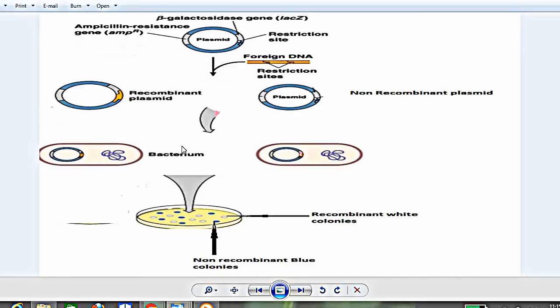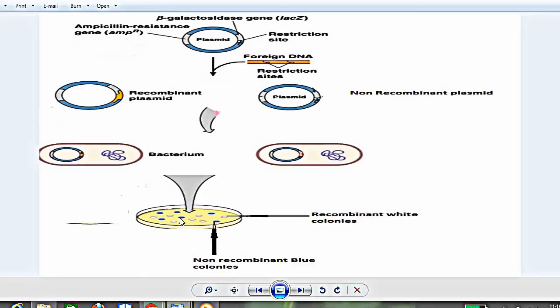So we will transform our bacterial cells with those plasmids. Transformation is a process by which bacteria take up foreign DNA. The methods widely used are electroporation and the calcium chloride method. When the plasmid gets inside the bacteria and the bacteria start to grow on this ampicillin plate, we will get blue colonies and white colonies.